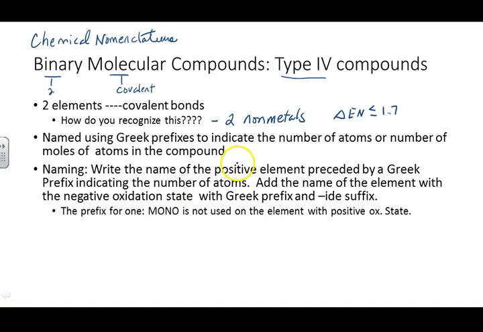Whenever we're looking at the positive, this would be lower electronegativity, and the one that's negative would be higher electronegativity. The prefix that we use for 1, which is mono, we do not use that with the first element. So mono is only used with the second element, which would be the one with the higher electronegativity.